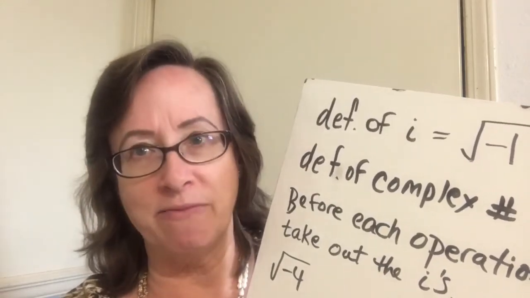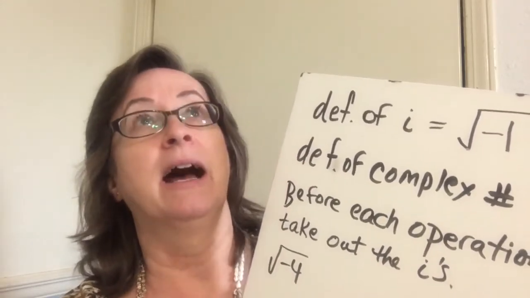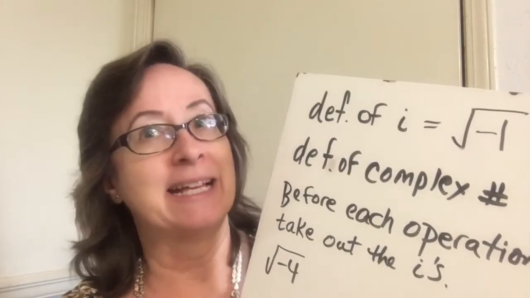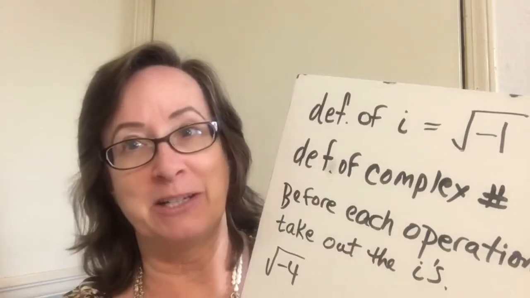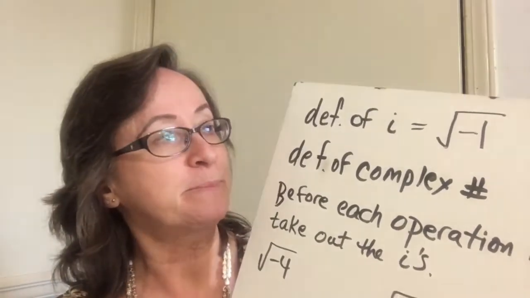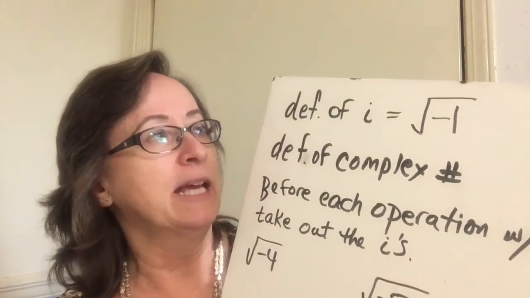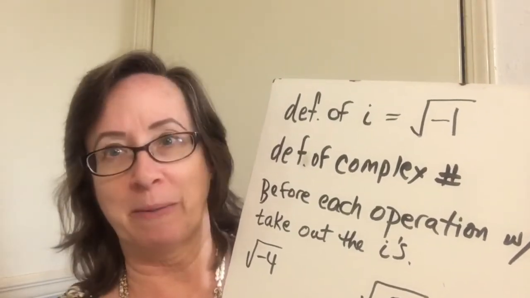Heat mechanics, wave mechanics, light, any energy type of a function is liable to have imaginary numbers in it. So they do exist, and we really do use them. So we have to learn about them.